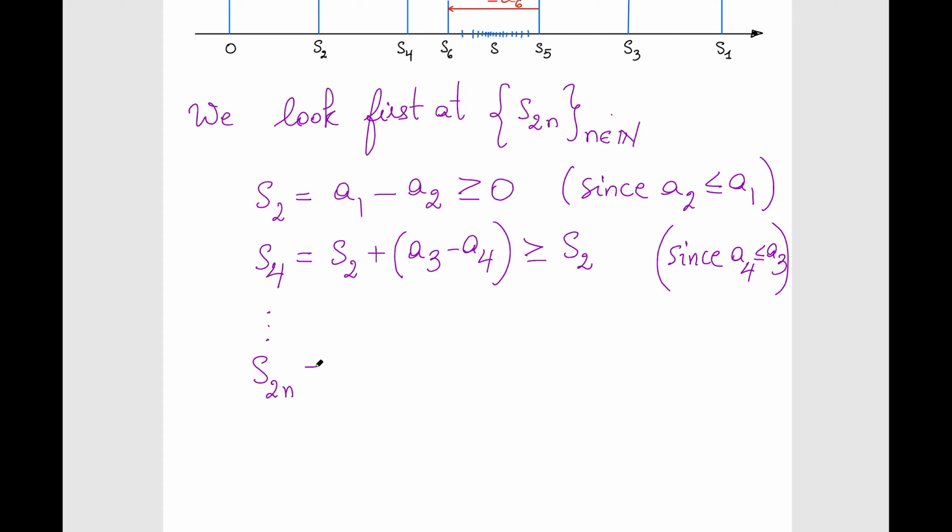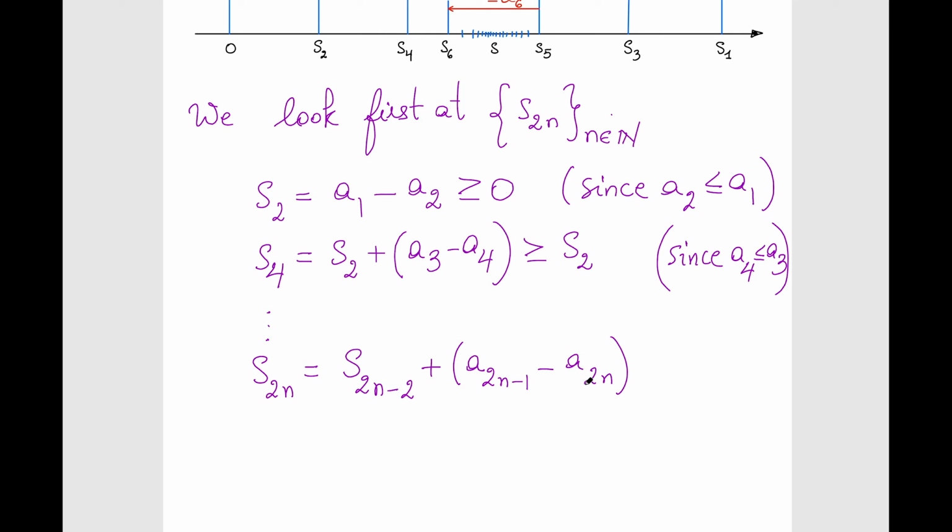In general, S2n, the 2nth partial sum, is going to be S of 2n minus 2, correct? We can show it by induction, but it's pretty straightforward in this case. Plus A2n minus 1 minus A2n, right?